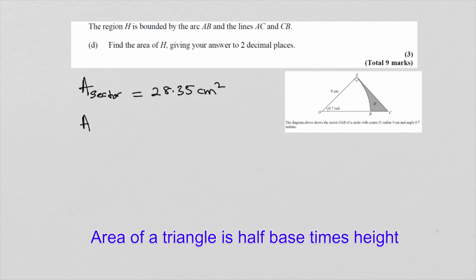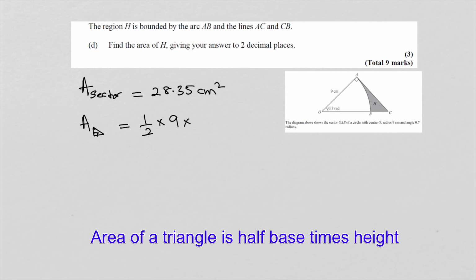So the area of the sector, we've already found that. The area of the sector was 28.35 centimeters squared. So we found that earlier. Now the area of the right angle triangle will be a half times the height, and the height here is 9 centimeters, so times 9, and then times AC.